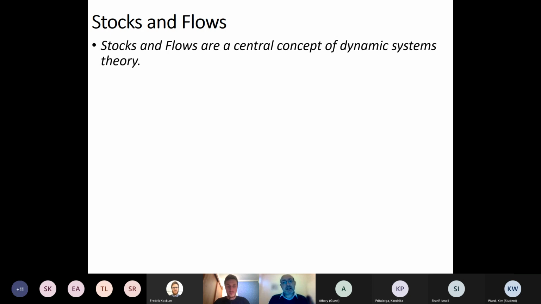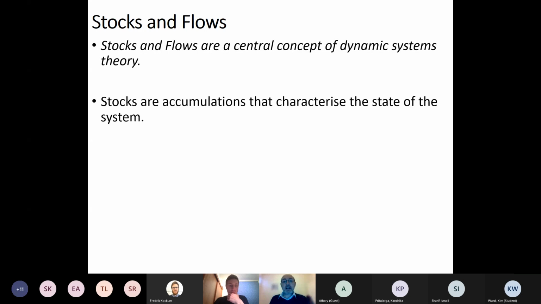Stocks and flows are basically the dynamic aspect of the system. It's what shows you the trajectory of the variable. You can see the variables accumulating or decreasing or being stable over time. So that's why I usually associate the stock and flow to the dynamic aspects of system dynamics.